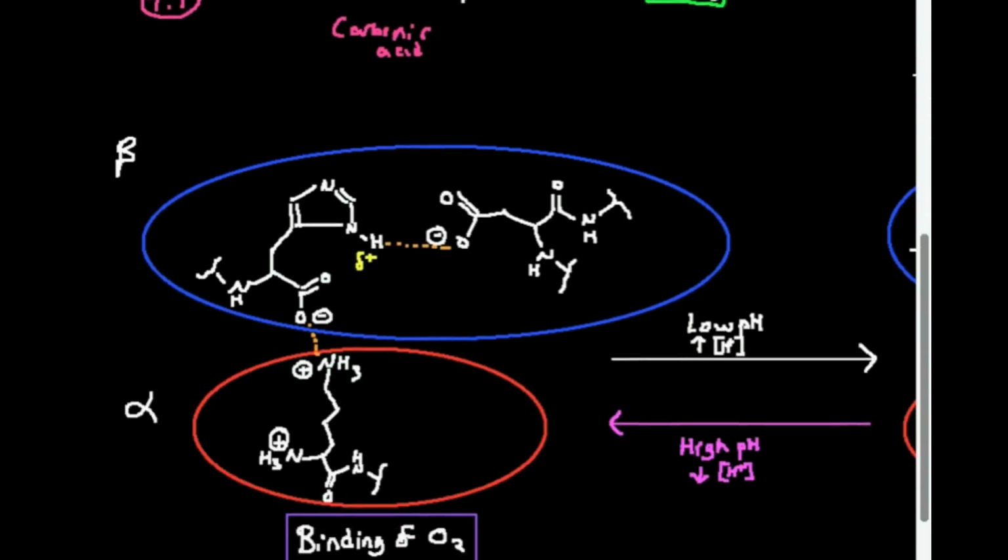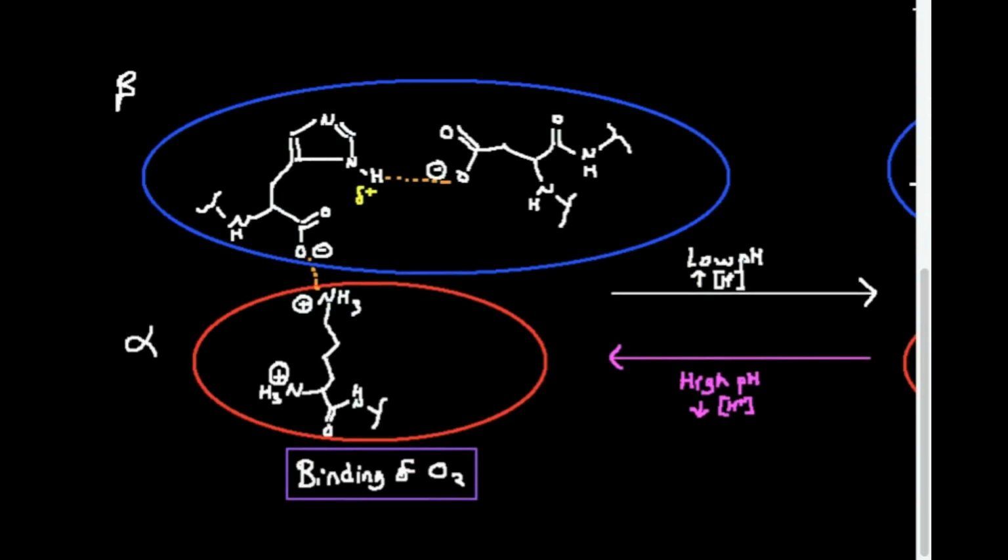How does this work? Well, recall hemoglobin is a tetramer. It has 2 alpha subunits and 2 beta subunits. Now, they're not these sizes, and these are certainly not proportional either. They're actually a lot larger. I'm showing some critical parts here of hemoglobin. This is one of the alpha subunits, and this is one of the beta subunits. All right.